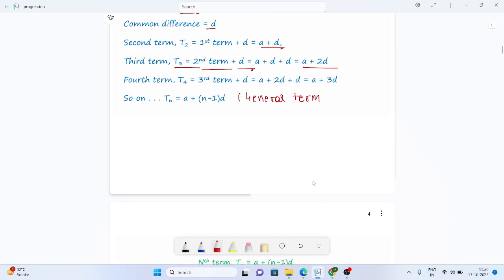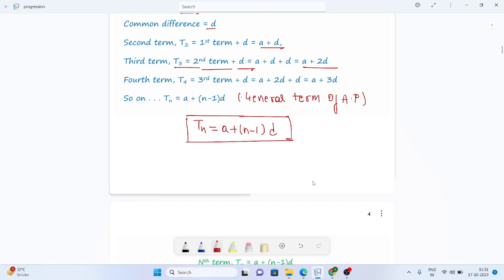In AP, there are two formulas. One is the sum of AP and one is the nth term of AP, which is Tn equal to A plus n minus 1 into D. Tn equal to A plus n minus 1 into D. Okay.